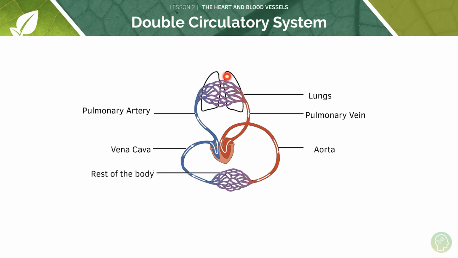The blood is here in the lungs oxygenated, and once it's oxygenated, it's passing back through the pulmonary vein into the left atrium, then the left ventricle, and out through the aorta, pumped to the rest of the body, and this is now your systemic circuit, and eventually it comes back through the vena cava.